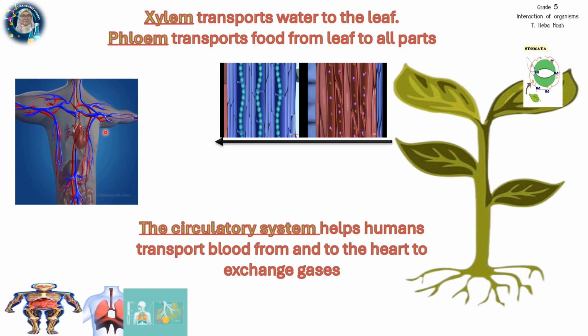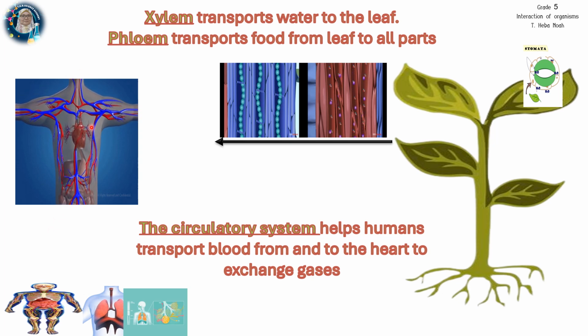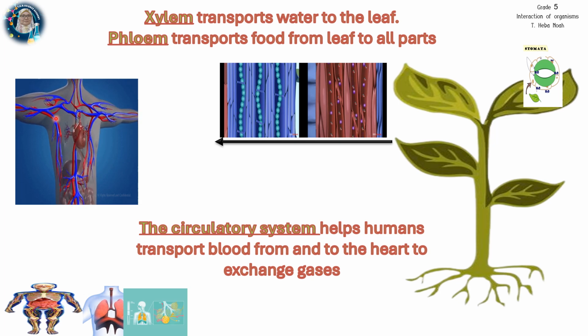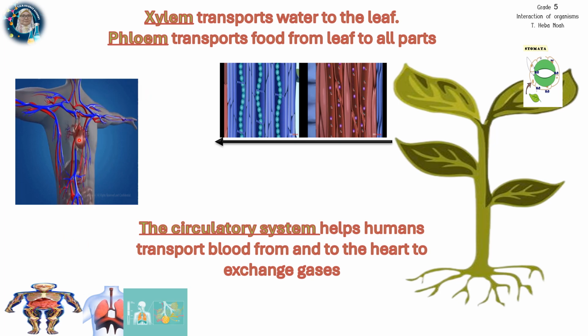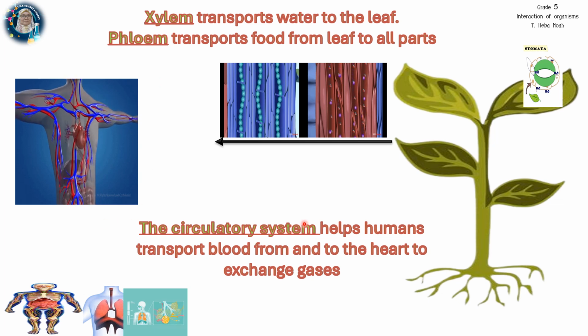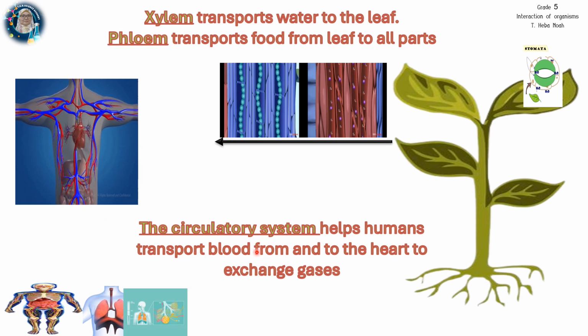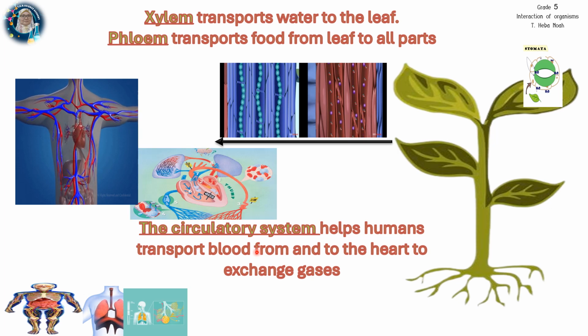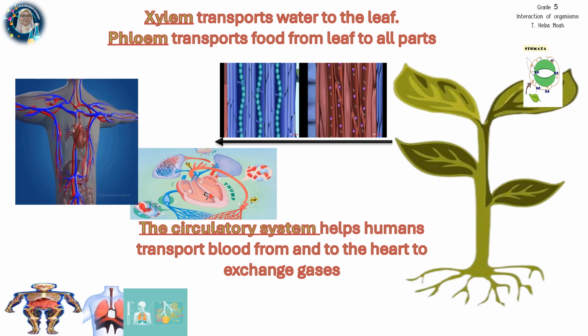Circulatory system هو ده circulatory system. Heart and blood vessels. ده اسمها البلو اند ريد دي اسمها blood vessels. والجزء البامبينج ده هنا ده اسمه الهارت. ده اسمه circulatory system of the human. Help humans transport blood to the heart to exchange gases.